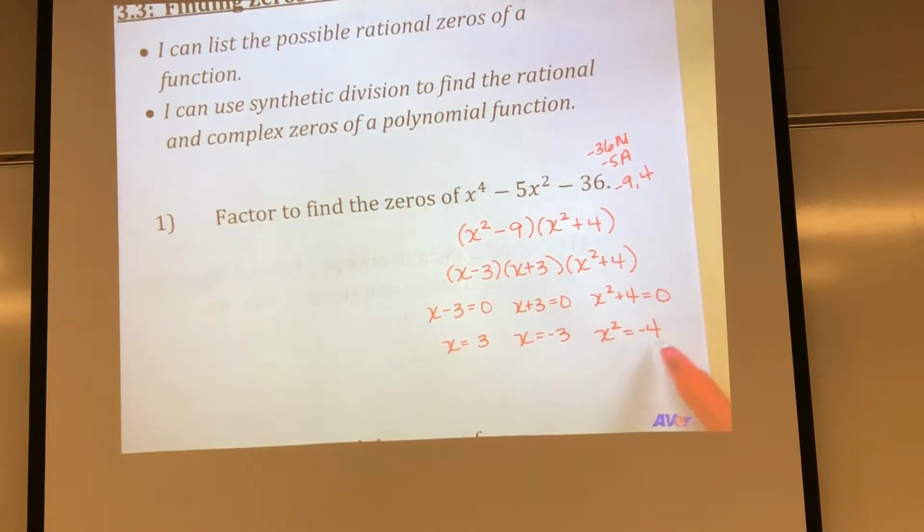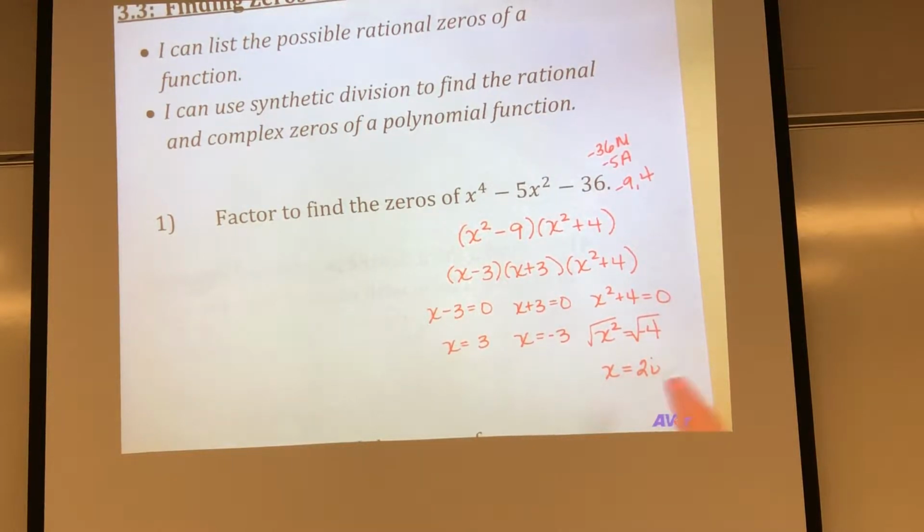So to get this last one completely solved, we're going to have to take the square root of both sides, which when you take the square root of a negative, you might recall that turns into an i. So we have x equals 2i, but also when we take a square root, we always have to have a positive and a negative version. So you have positive 2i and negative 2i.